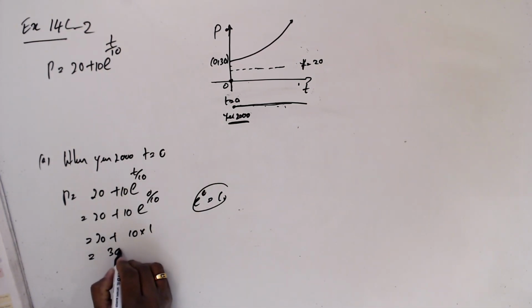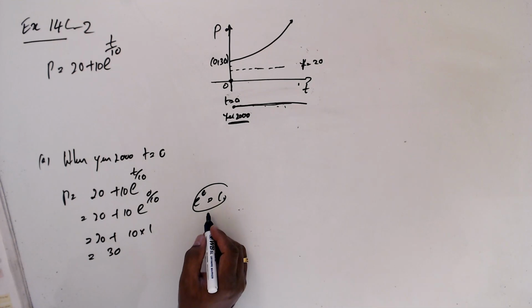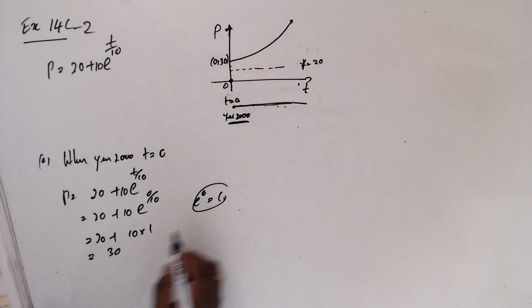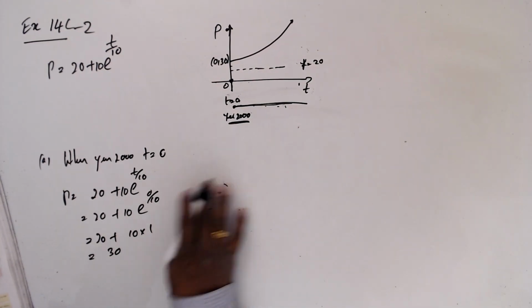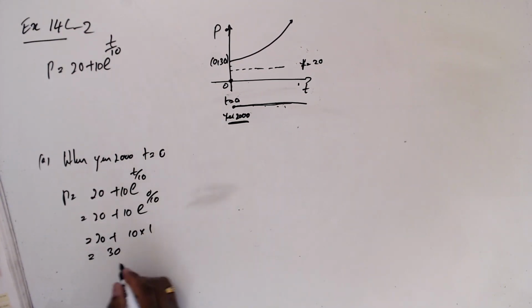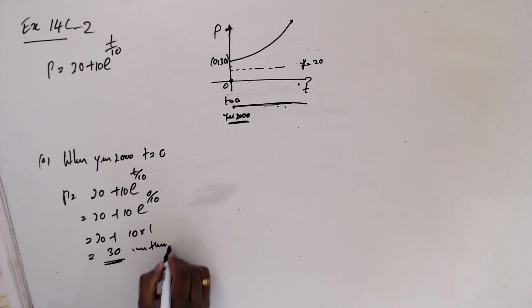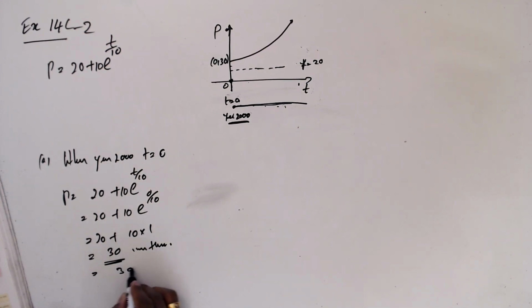So this is 30. I think this is in thousands. So P is 30 in thousands, or you can write 30,000.